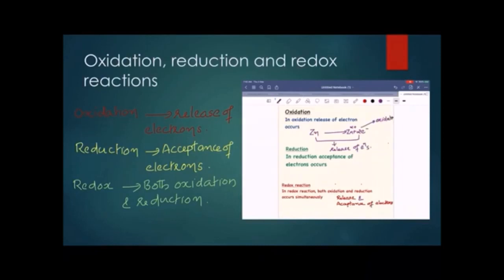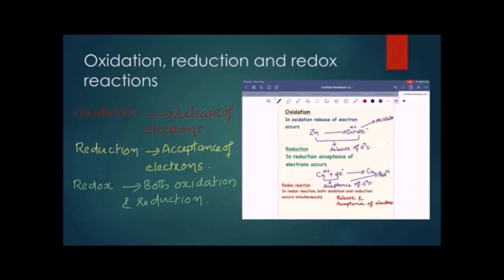In reduction, acceptance of electrons occurs. For example, a copper ion accepts 2 electrons and forms copper atoms. So here, acceptance of electrons is known as reduction.